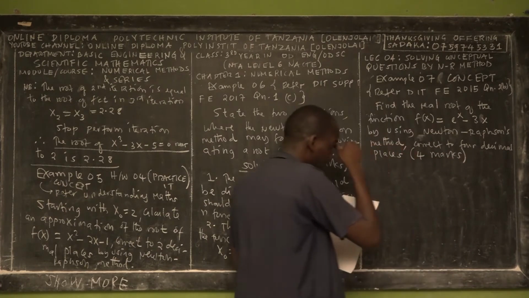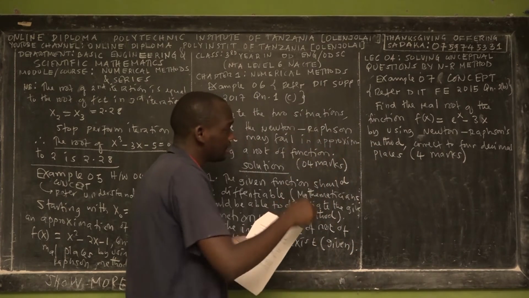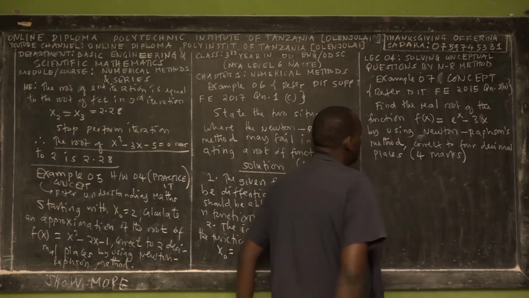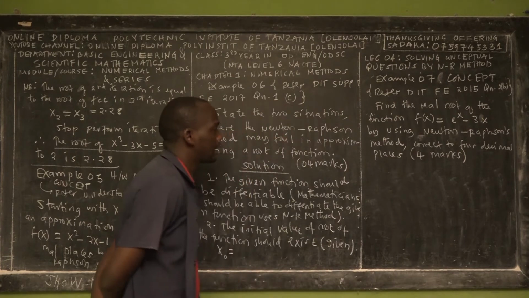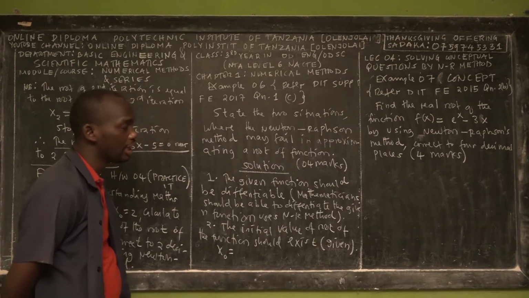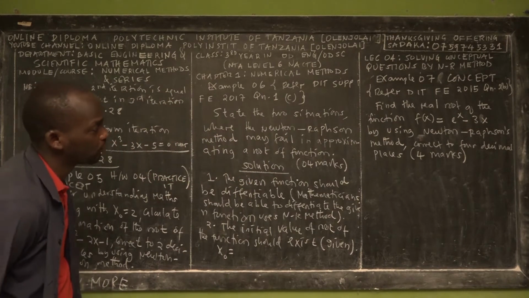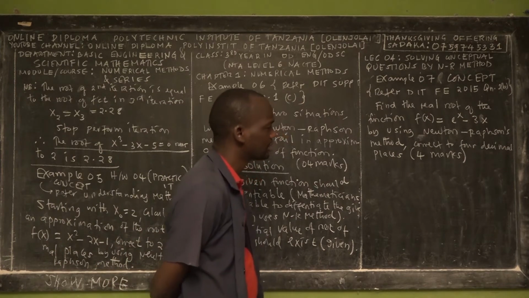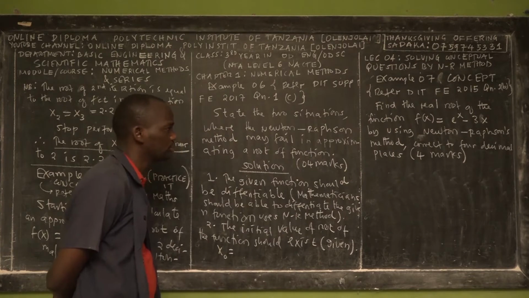You have to do so many practices, because this is one of the long questions. You should be capable of solving these questions as quickly as possible. If you do a lot of practice, then you know what to do in the next step to be accurate, because this is numerical computation.